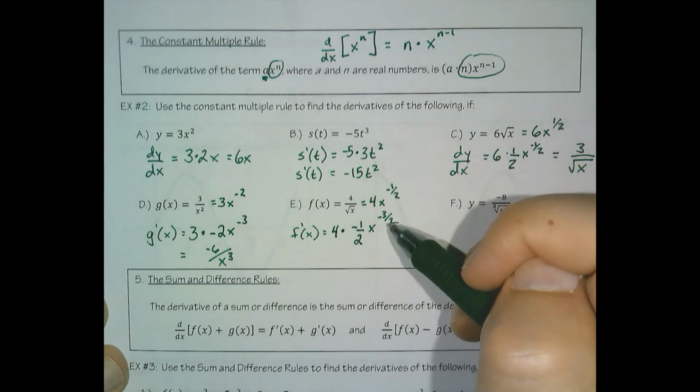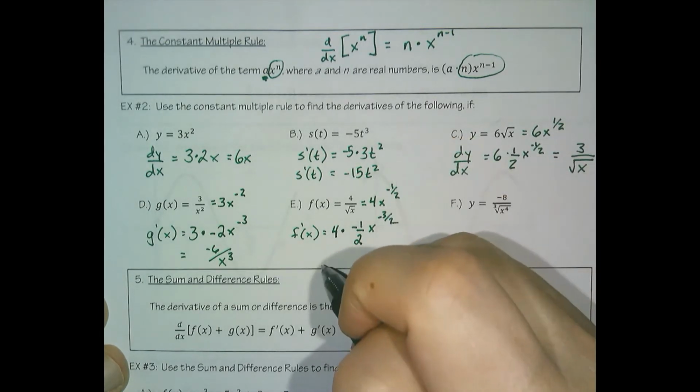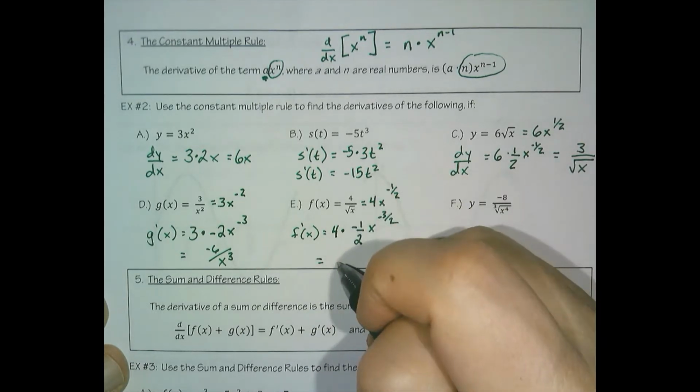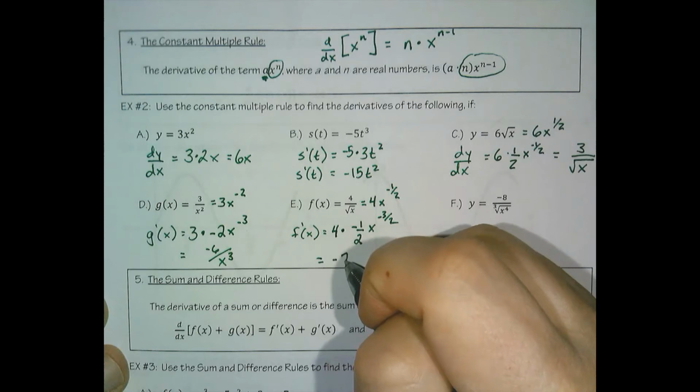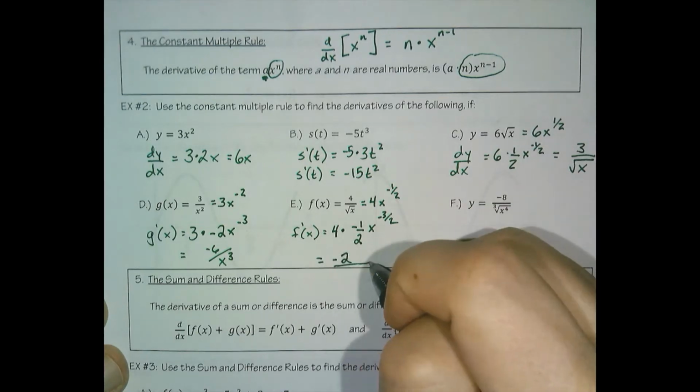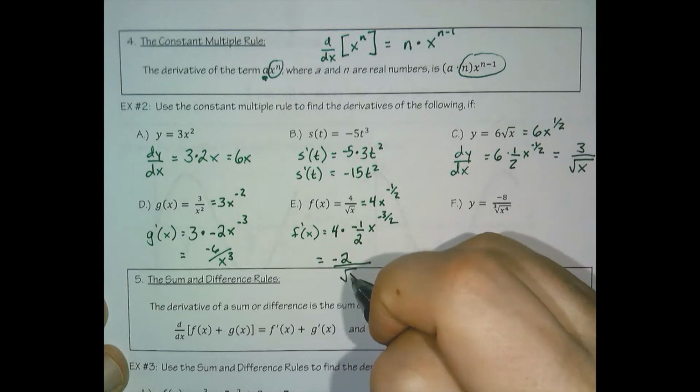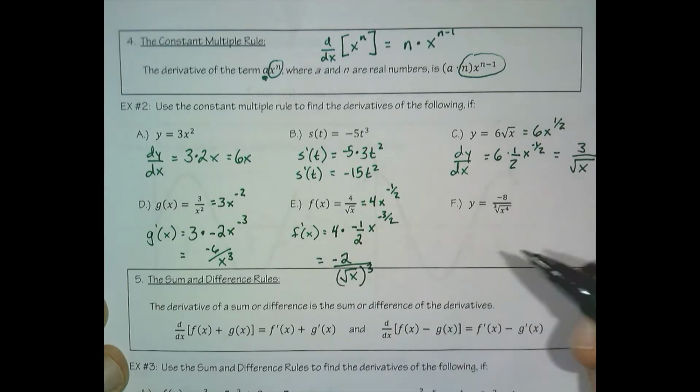Negative 1/2 minus 1 is negative 3/2. If we were to clean this expression up, 4 times negative 1/2 is negative 2, and then divided by x to the 3/2, which would be the square root of x cubed.